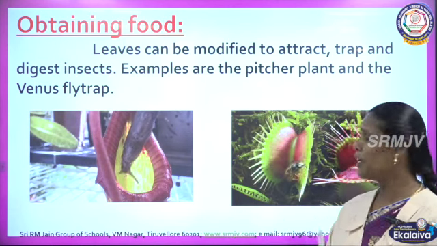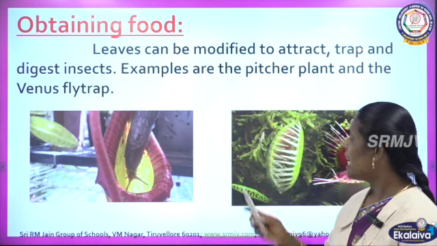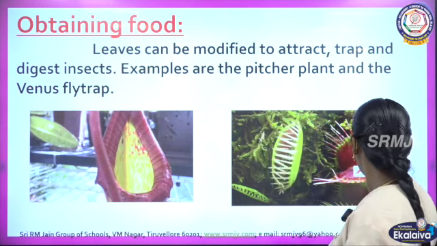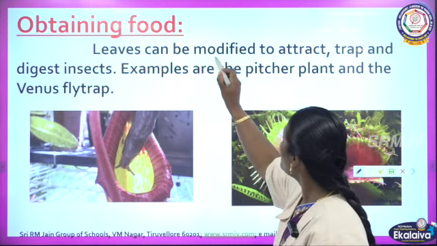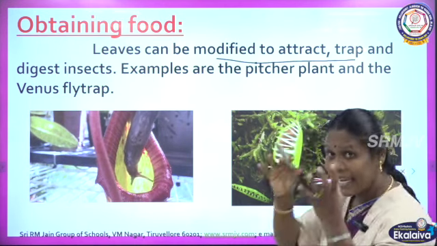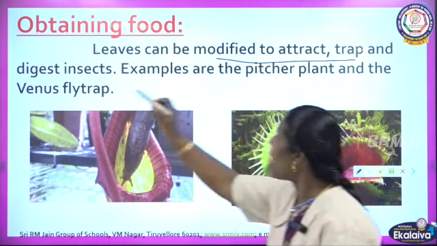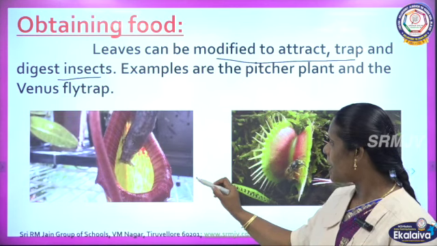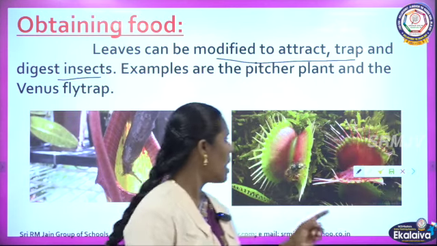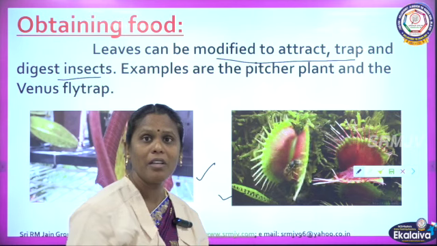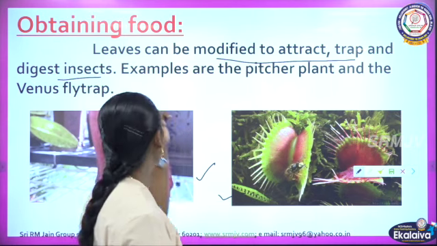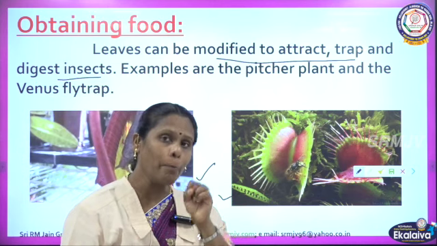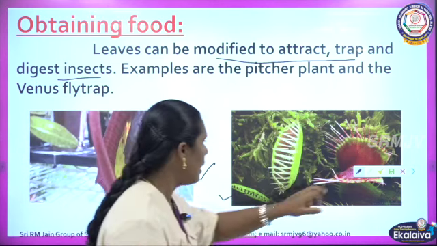These are insectivorous plants. Here the leaves are modified to attract, trap and digest insects. So the pitcher plant and Venus flytrap are examples of obtaining food. The leaf is modified to obtain their food. Okay.